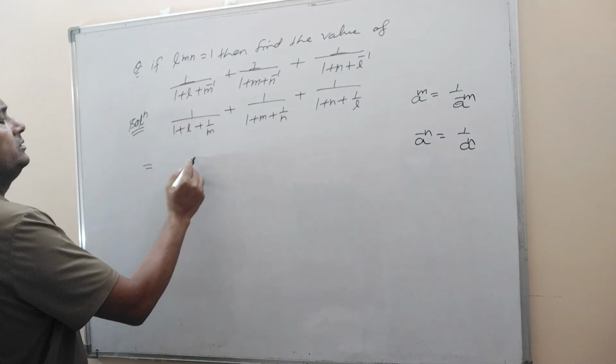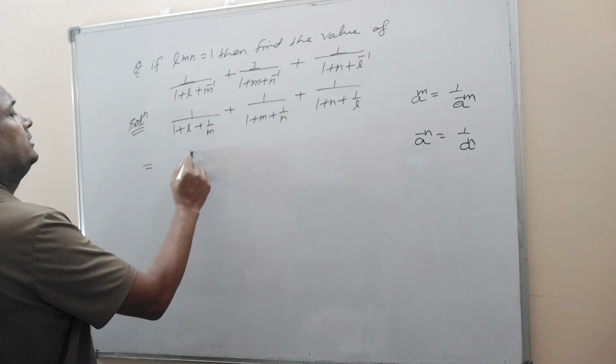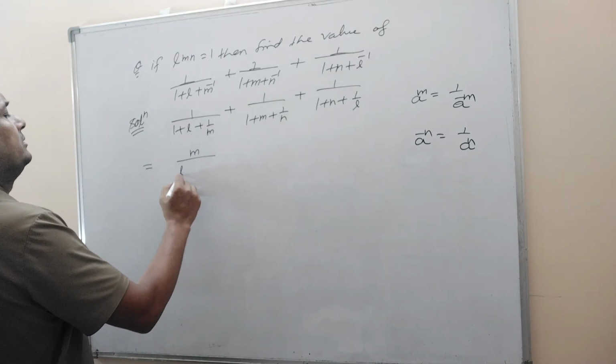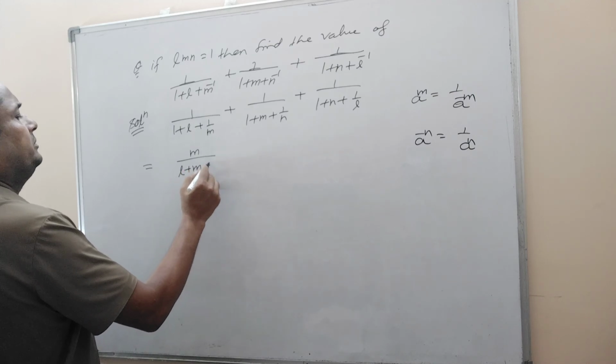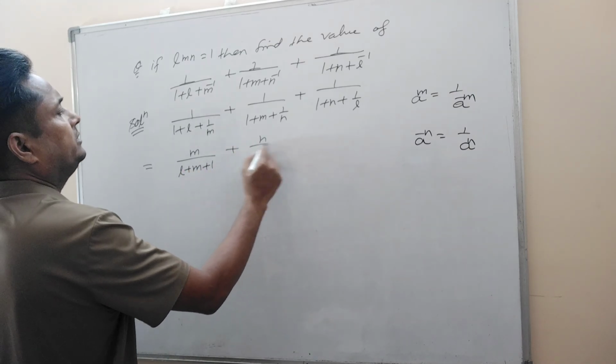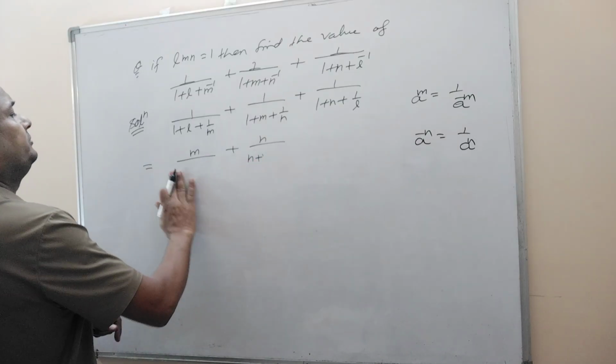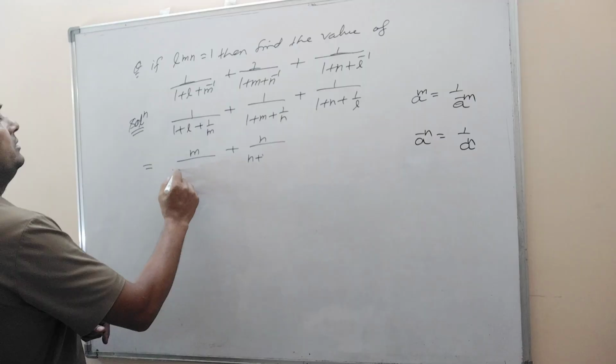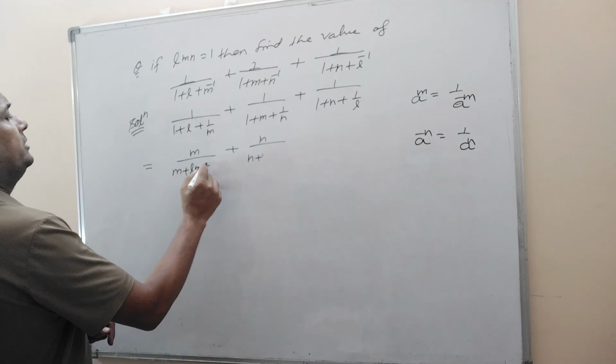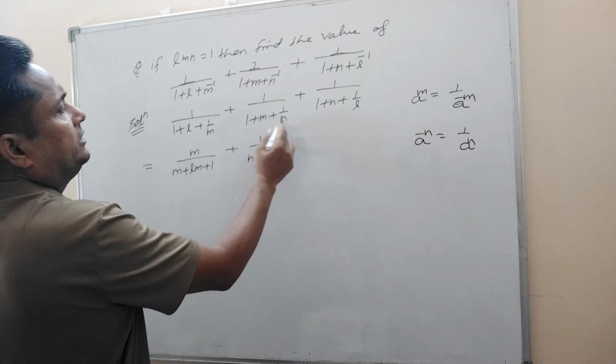So this is equal to, take LCM from here. So this will be l plus m plus 1. This will be n plus, this will be how much? This will be m plus lm plus 1, and this take LCM here.